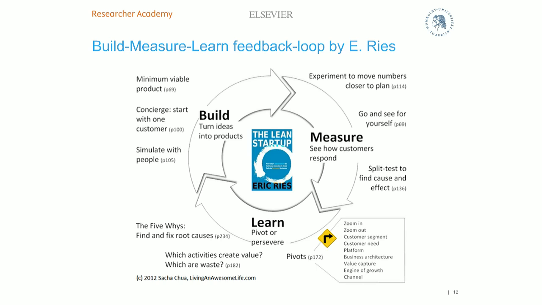If you take a look at this loop, it may seem familiar to you as researchers, because this, of course, is not entirely new. There are different approaches which also use different kinds of circles in order to describe improvement processes or learning processes.